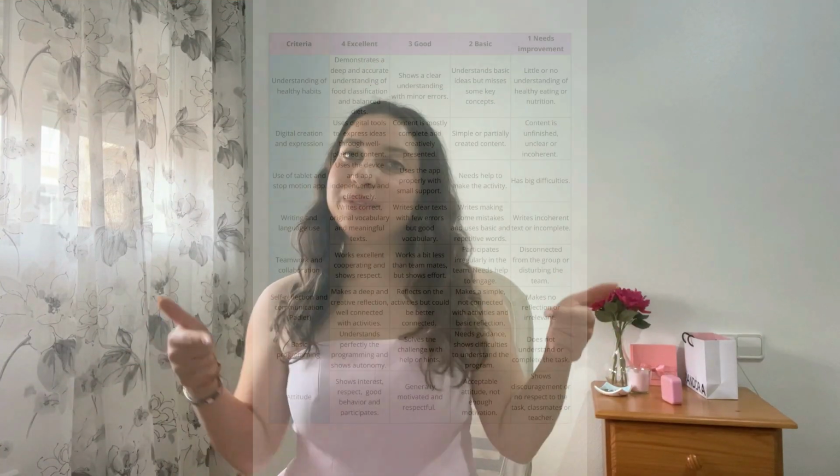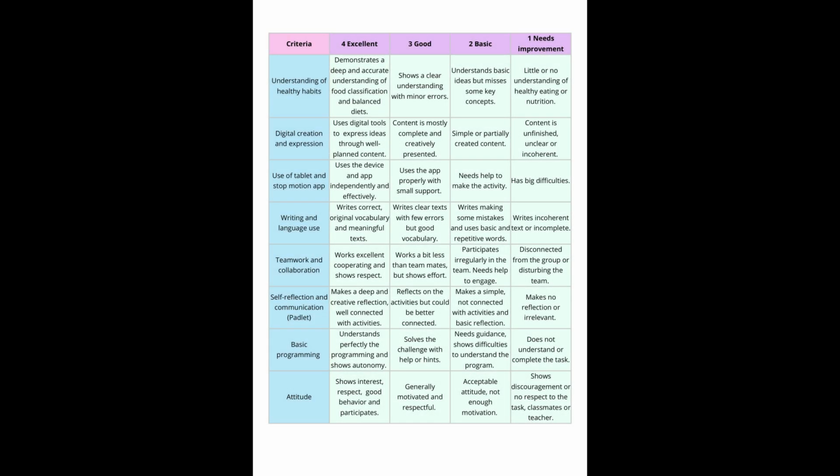For the evaluation of this project, this will be the rubric for evaluating my students individually. I designed it for evaluating these three activities together and my students' reflections in the classroom Padlet. For deciding the criteria, I based them on some specific competencies I mentioned before.